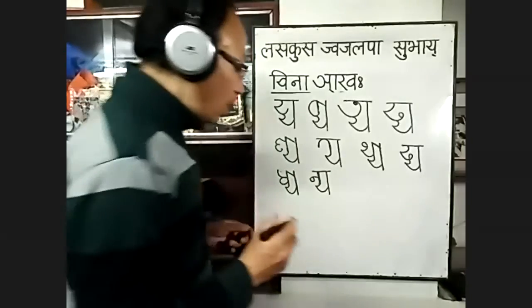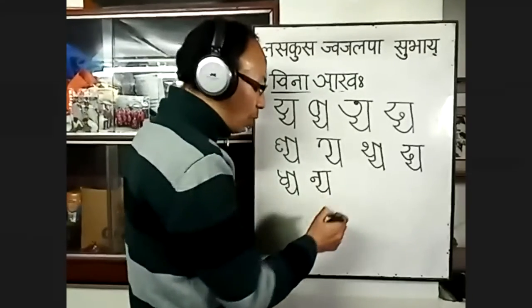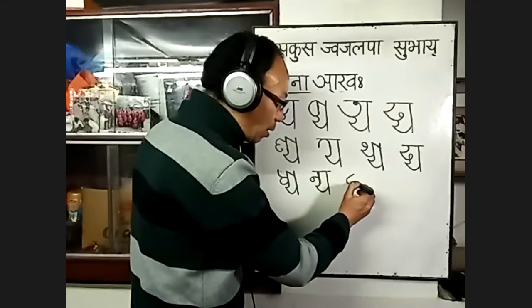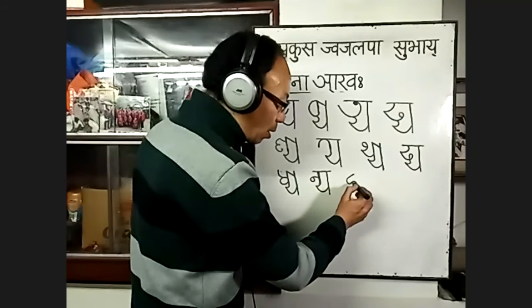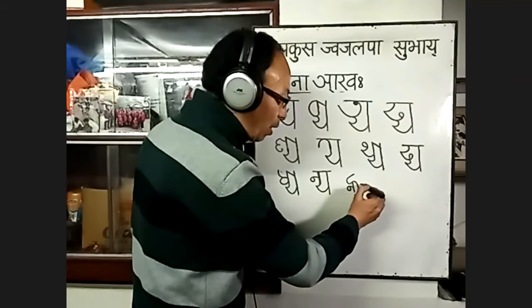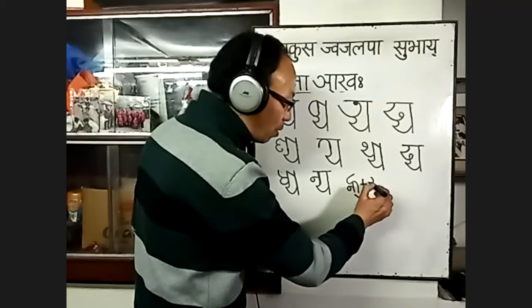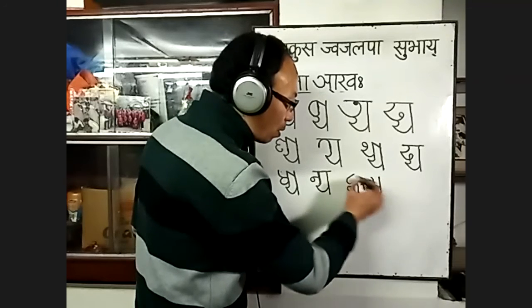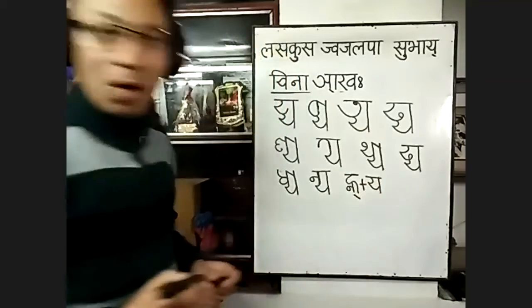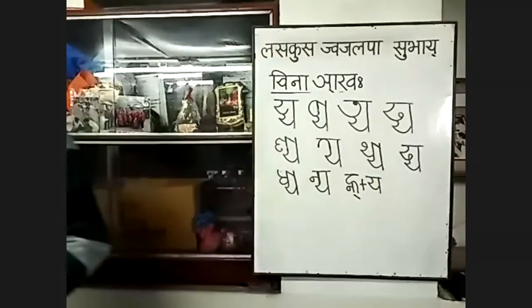And now show me how to write no with added yo. Now show me how to write no with added yo.